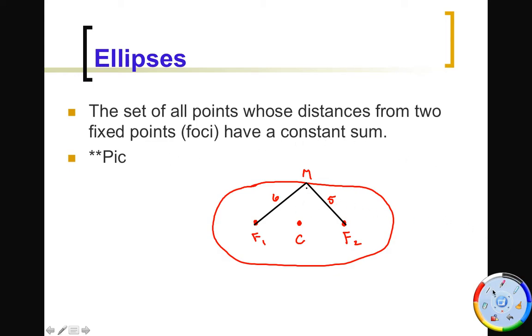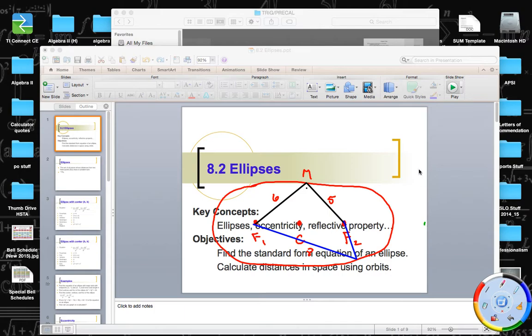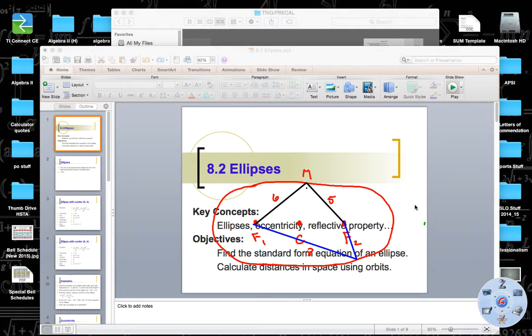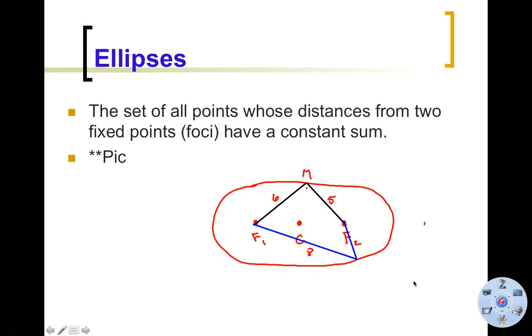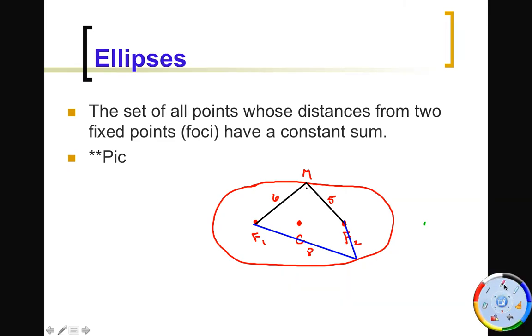So if I was to find any other distance here, to this point and this point, let's say this was an 8 and a 3, what you'd notice is the sum is still the same. So 8 and 3 make 11, and the sum would remain the same. All right, so that's the definition of an ellipse.